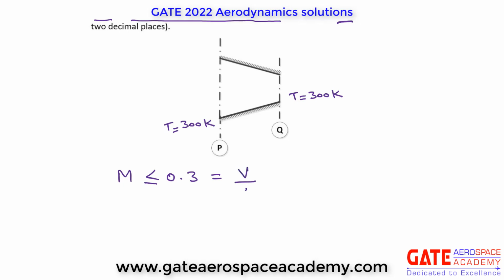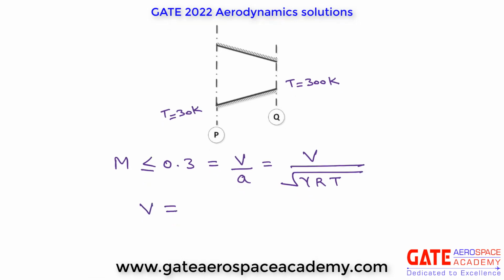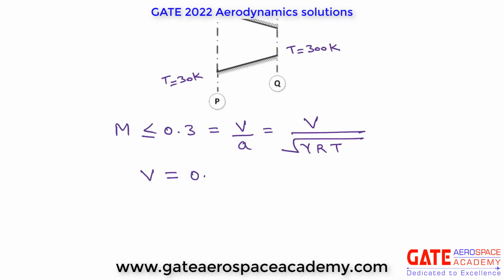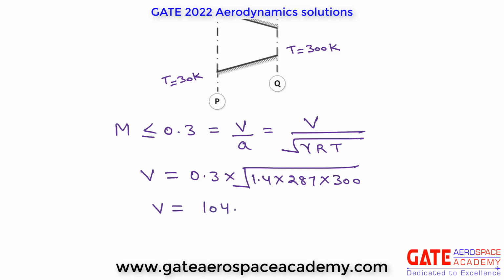V upon under root gamma R T. So velocity V at the exit will be equal to 0.3 into under root 1.4 into 287 into 300. So velocity V is equal to 104.156 meter per second.